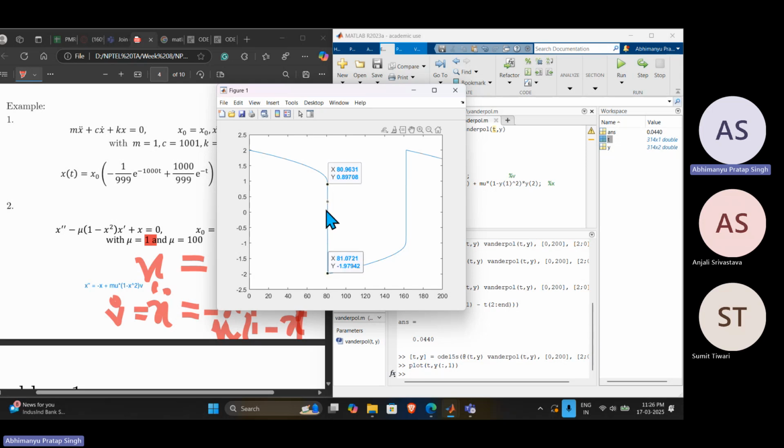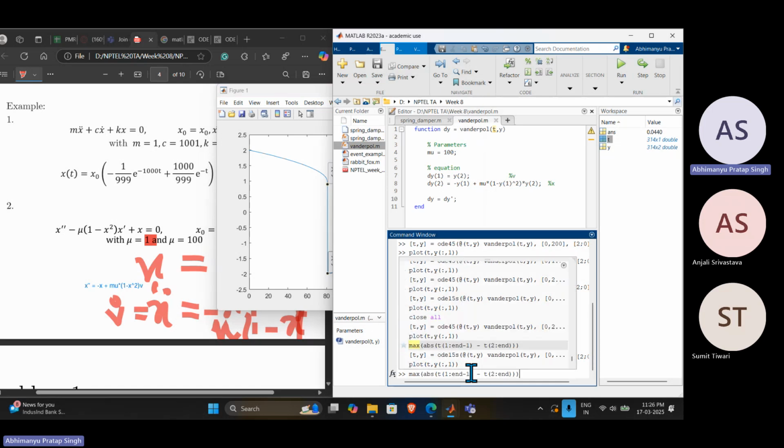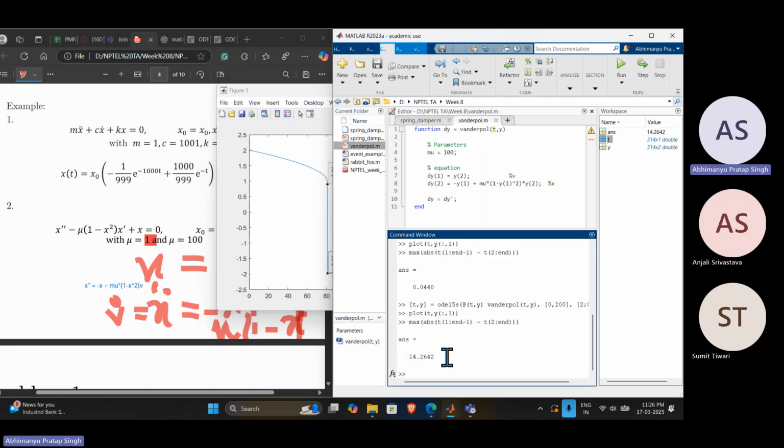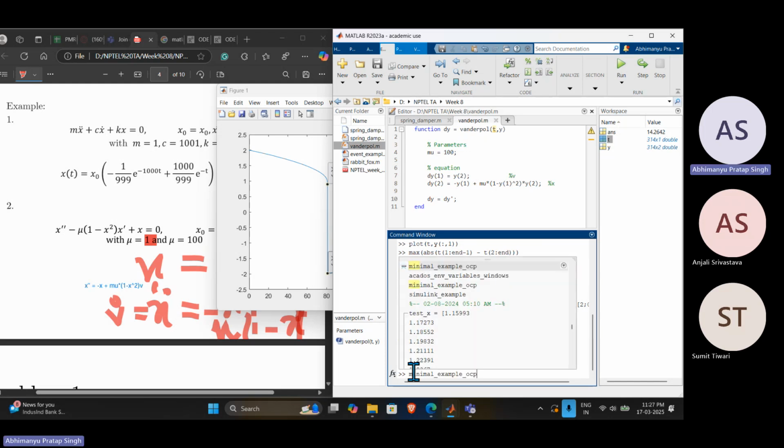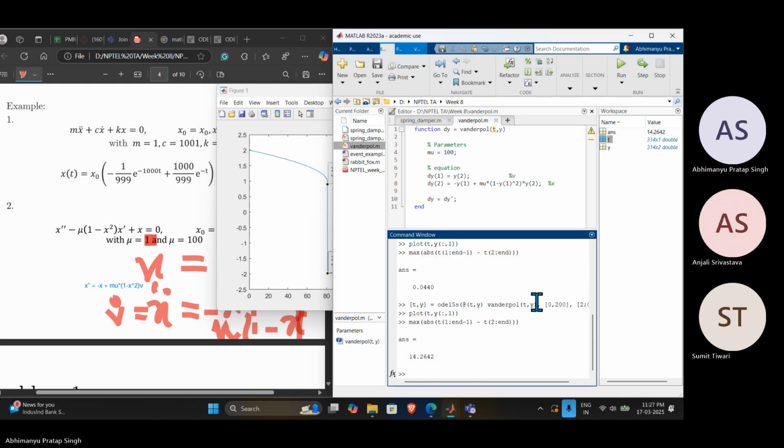I did not have any point in between, but with ode15s I'm getting points in this fast transient region also. Okay, and similarly, if I check, the maximum time step is 14. The minimum, okay, so I will just check the minimum also.